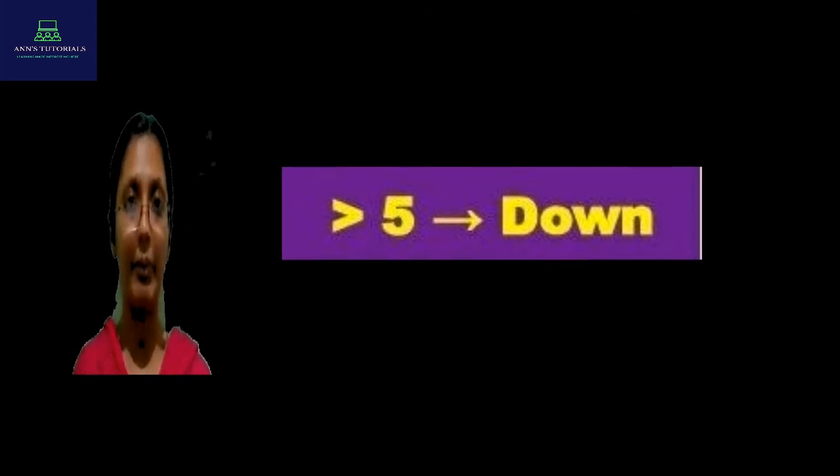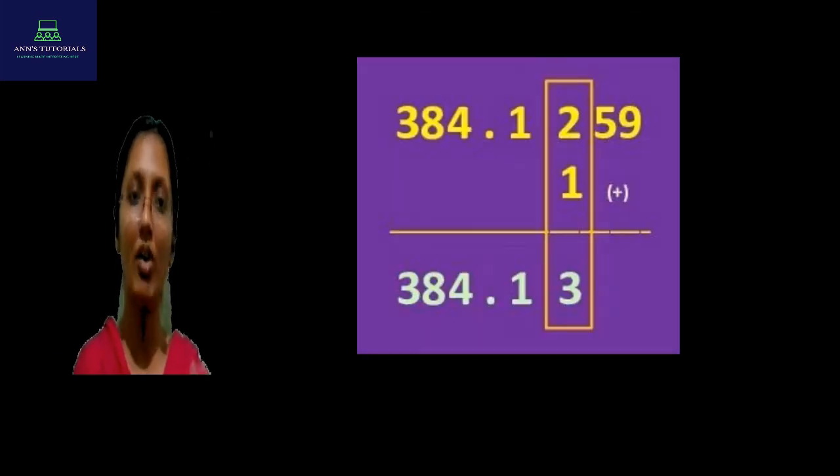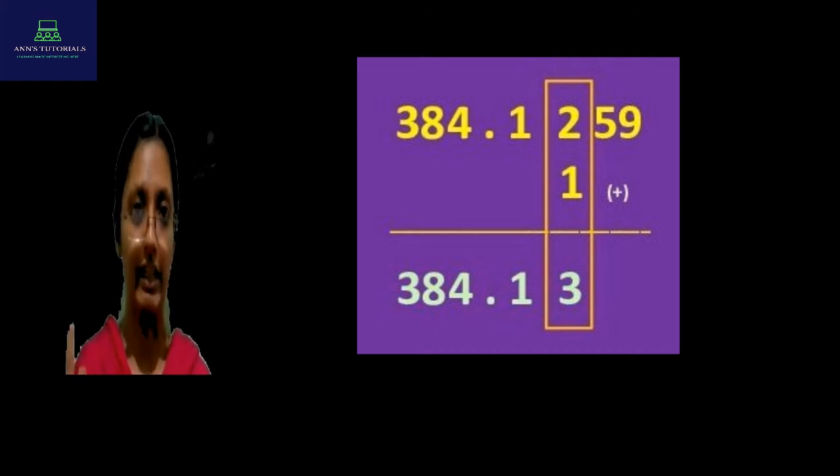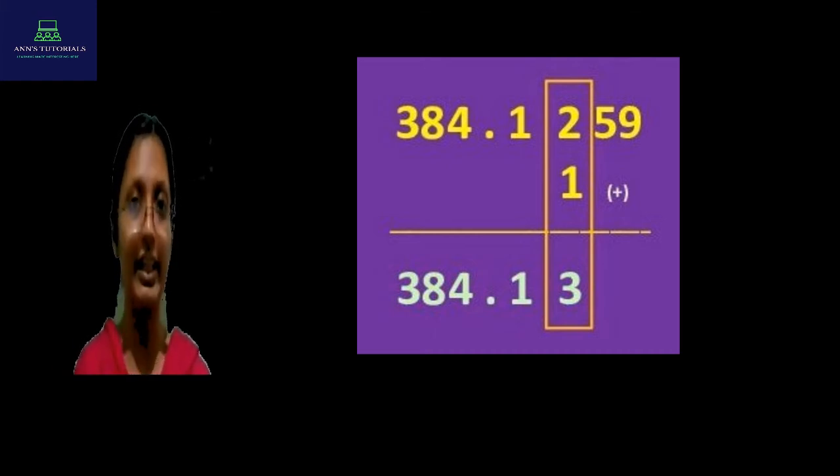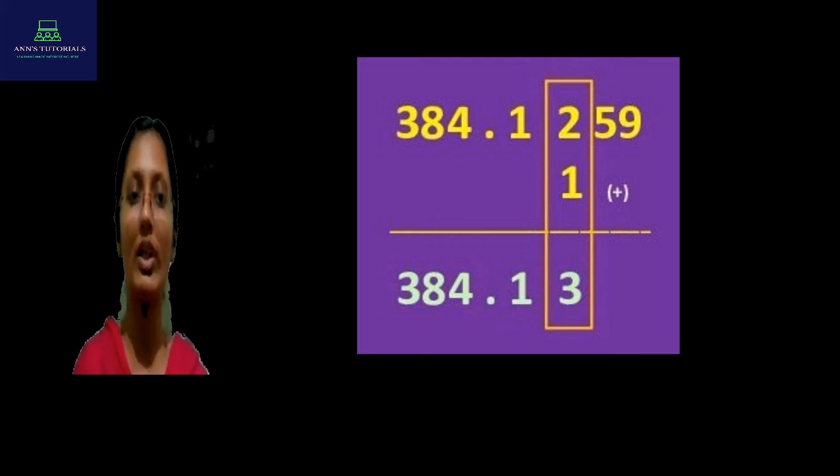And if the number is less than 5, we will be rounding down. In this case, rounding up means increasing the 100th place by 1. So on rounding up, the 2 increases by 1 and we get 3 in the 100th place. So our number now becomes 384.13.